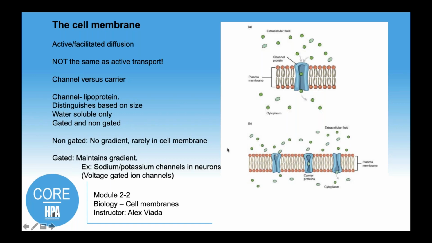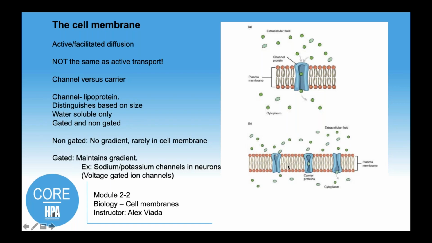Now, one thing about channel proteins especially is they distinguish the molecules that can go through them basically based on size. Now, I said carrier proteins operate by recognizing a certain molecule and actually changing conformation and basically pushing things through or allowing things through. Channel proteins have no such similar action.